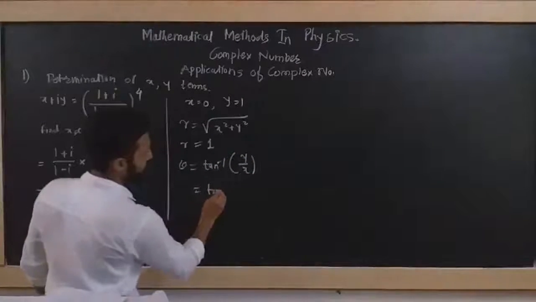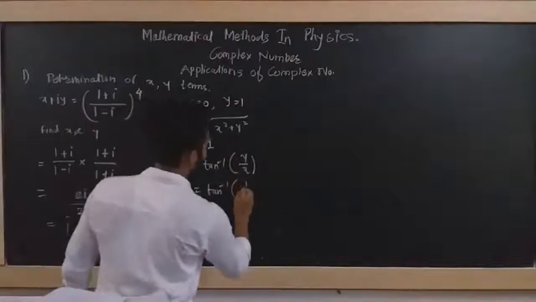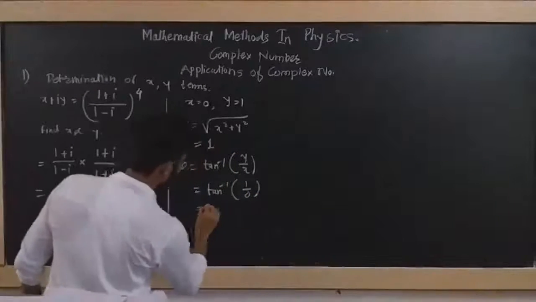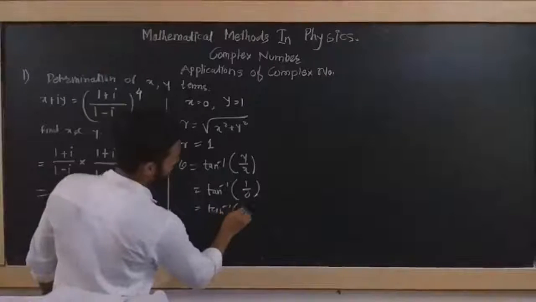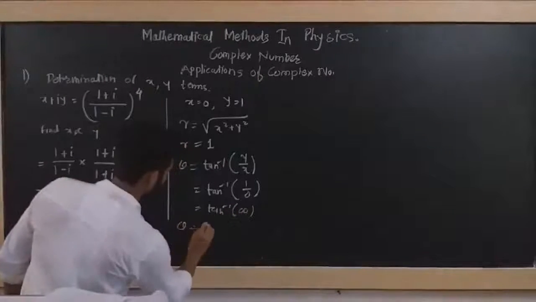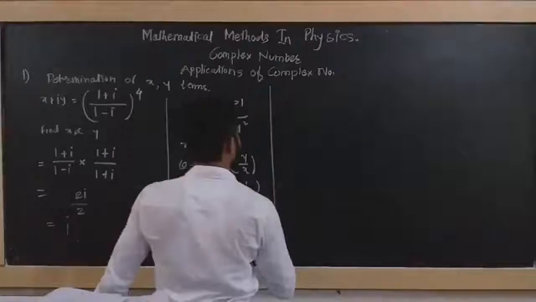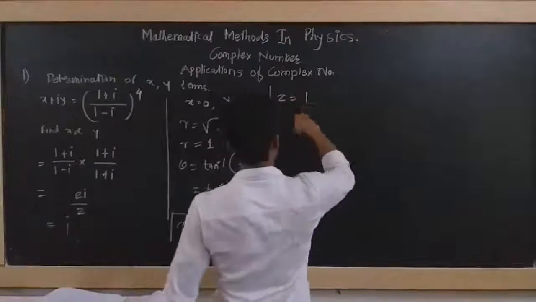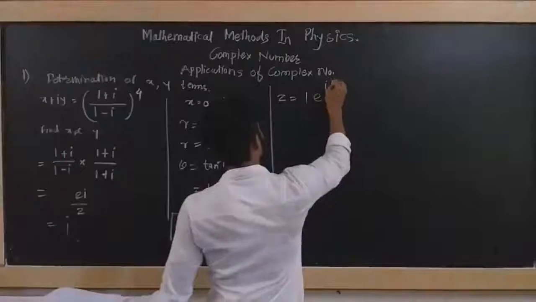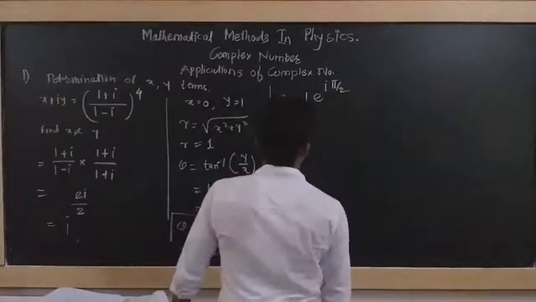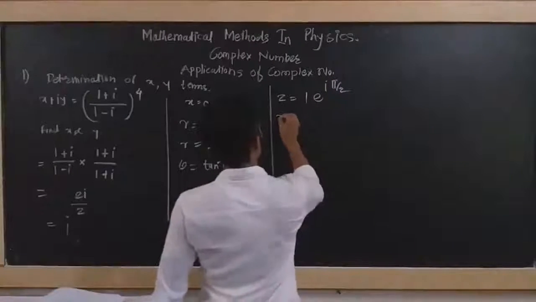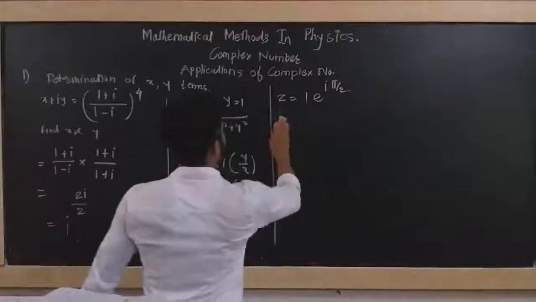What is y by x? 1 by 0, infinity. What is tan inverse of infinity? Theta is equal to pi by 2. So you will get r and theta. Just rewrite as 1 times e raised to i pi by 2.